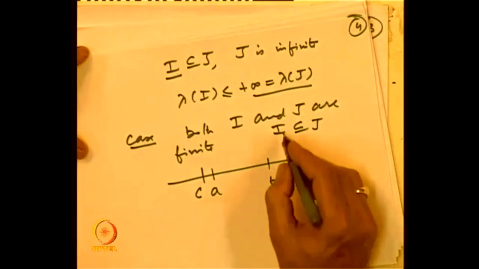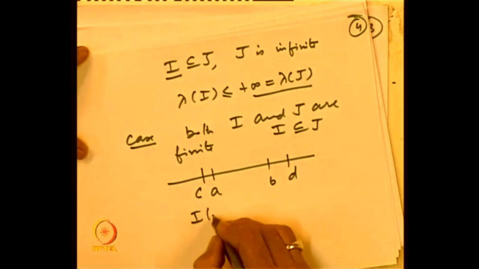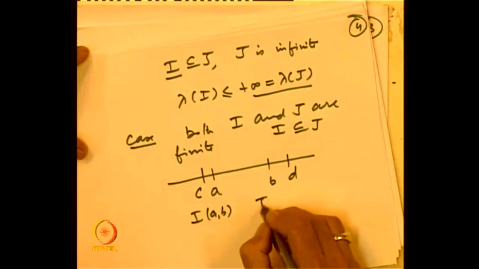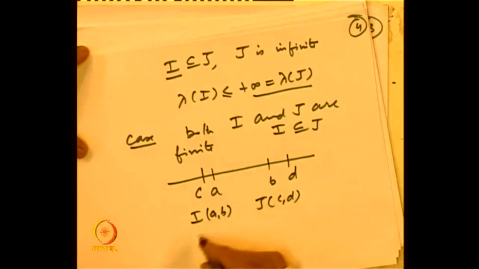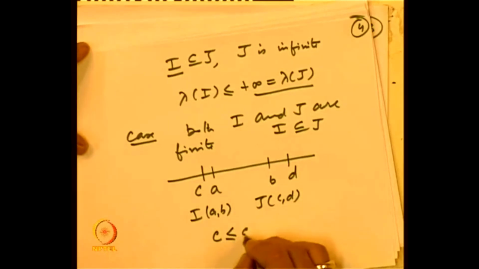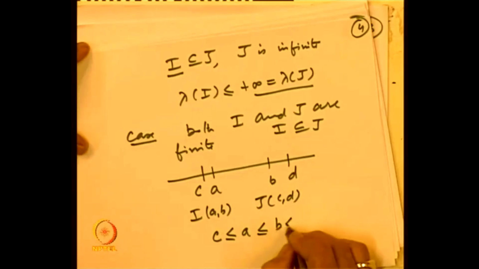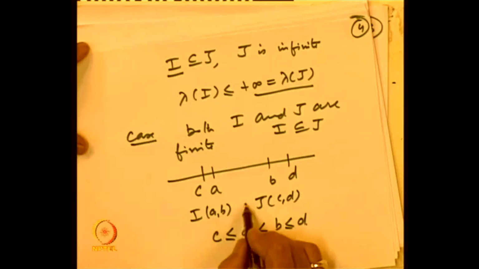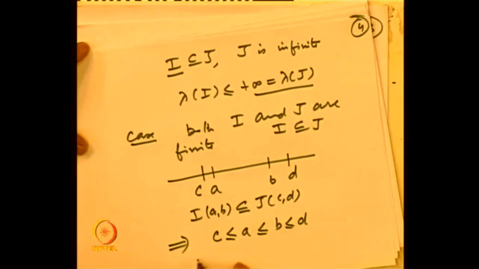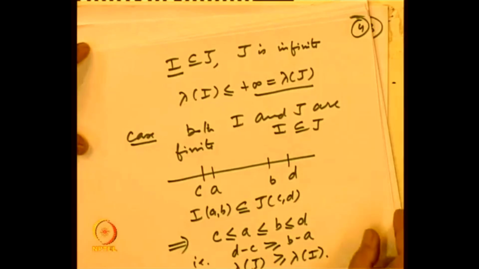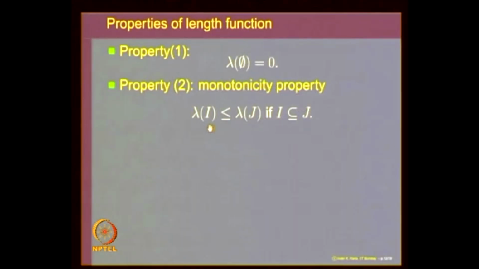So if I has endpoints a, b and J has endpoints c, d, then we should have c less than or equal to a, less than or equal to b, less than or equal to d. This implies that d minus c is bigger than or equal to b minus a, and that is saying that the length of J is bigger than or equal to the length of I. So the monotone property is checked.